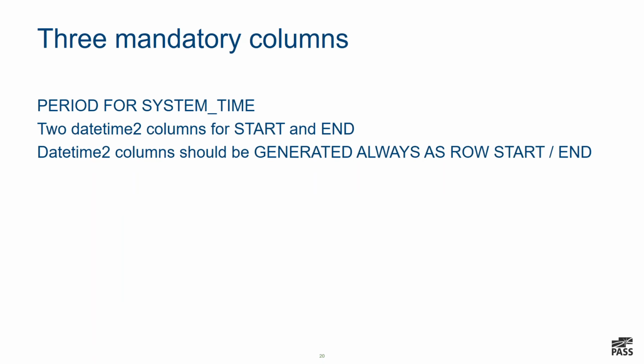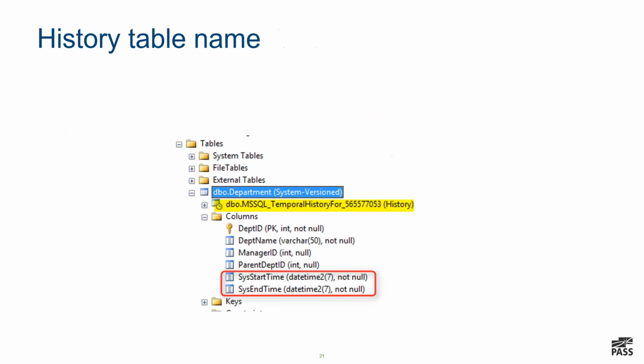I have these three mandatory columns that I spoke about before: the period for system time and two datetime columns. When I create that in my Management Studio, I will see my temporal table as system-versioned like this, and my history table as well. They will have the same structure with the mandatory columns.